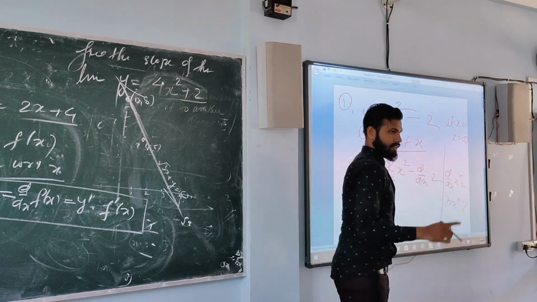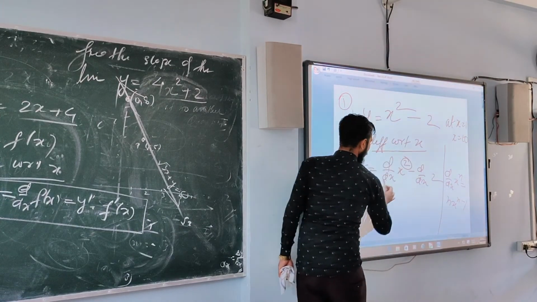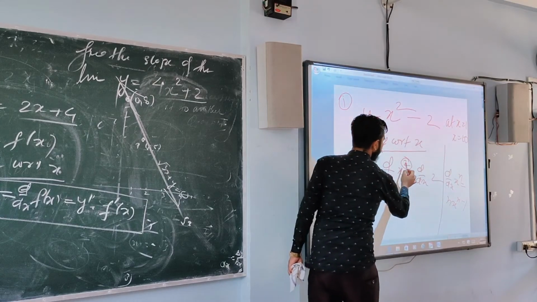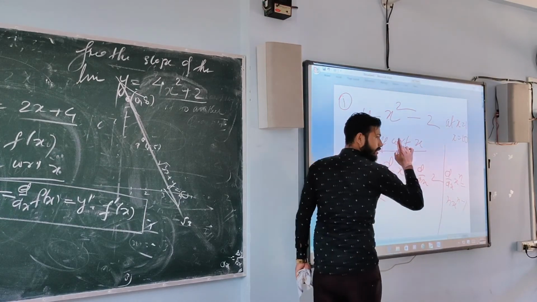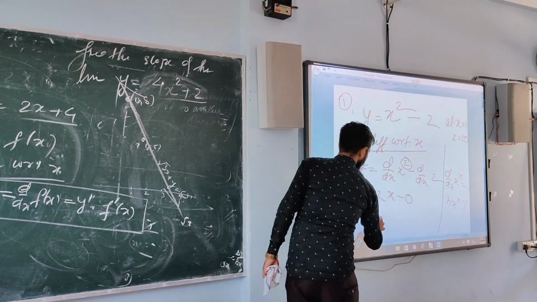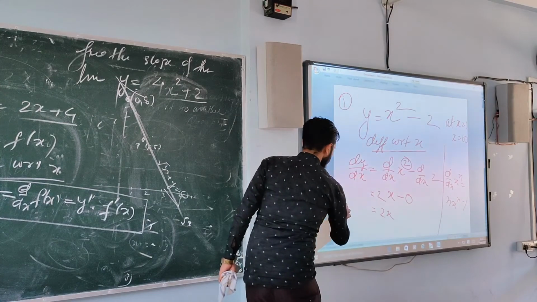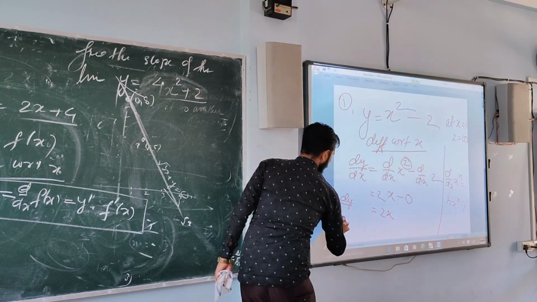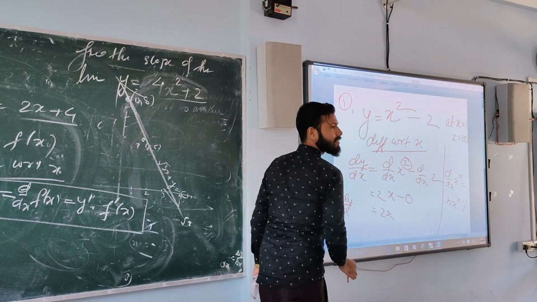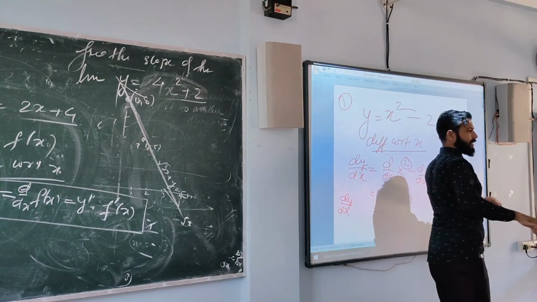Here n is 2, which will come outside, and x to the power 2 minus 1 is 1. Minus constant is 0. The answer is 2x. That means we found dy by dx is 2x.